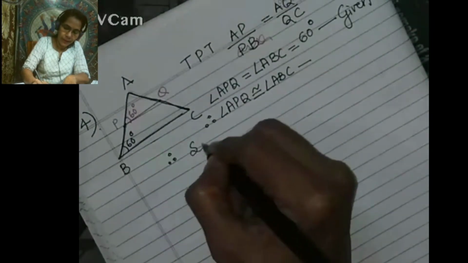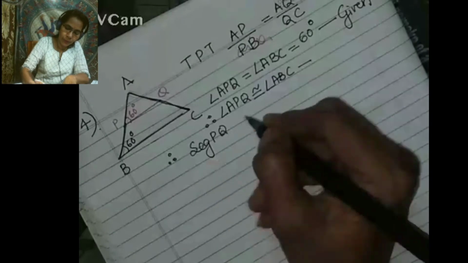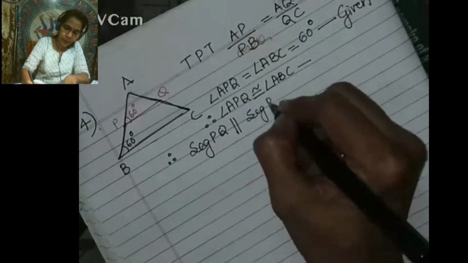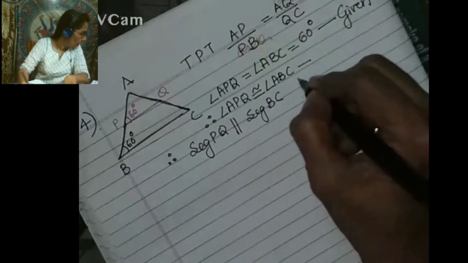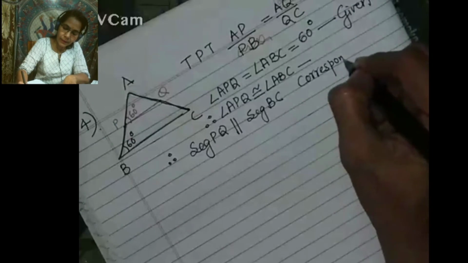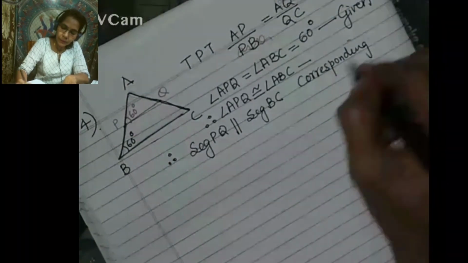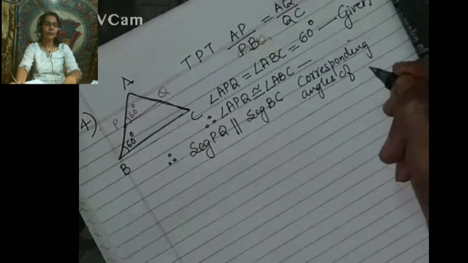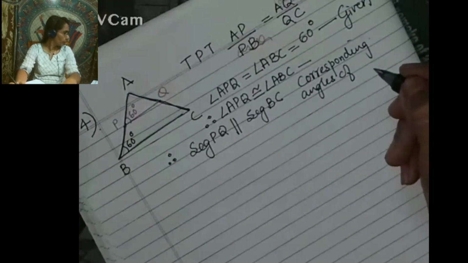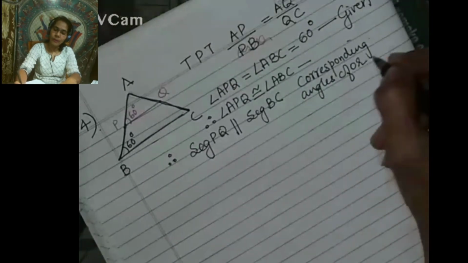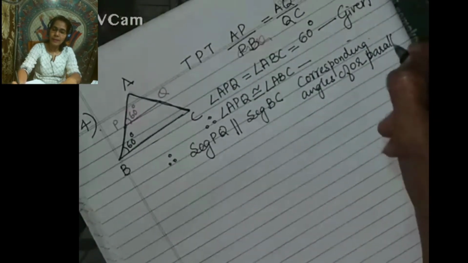Therefore, segment PQ is parallel to segment BC, since corresponding angles are equal for parallel lines.